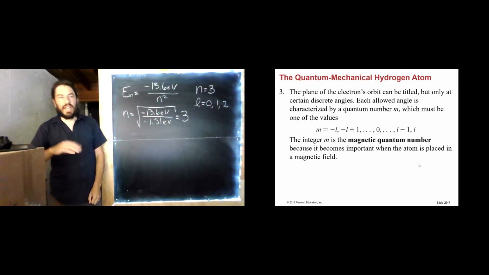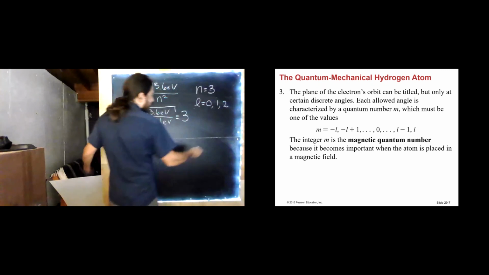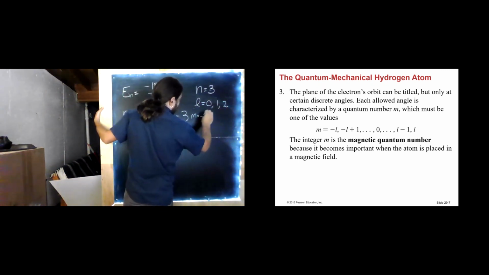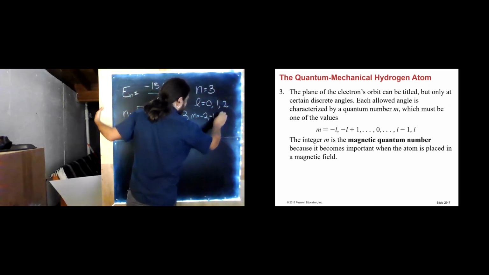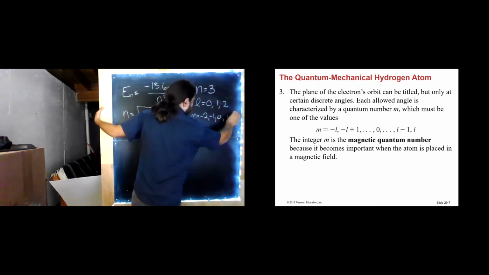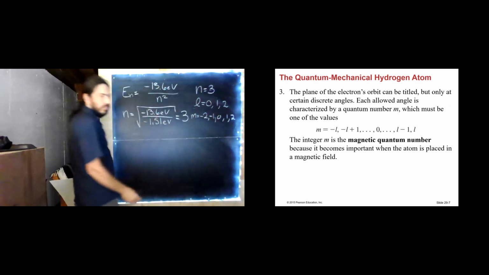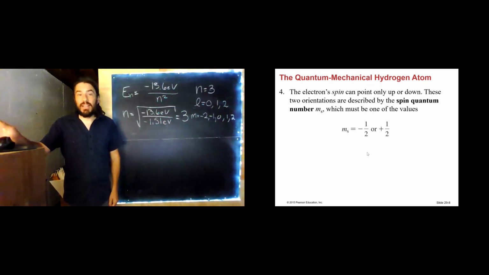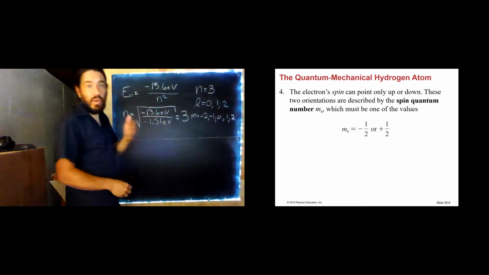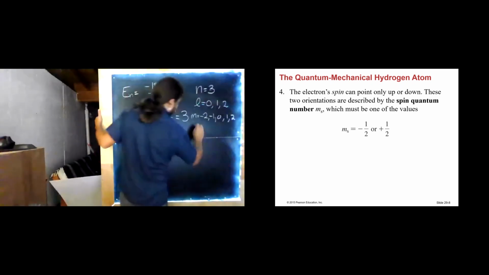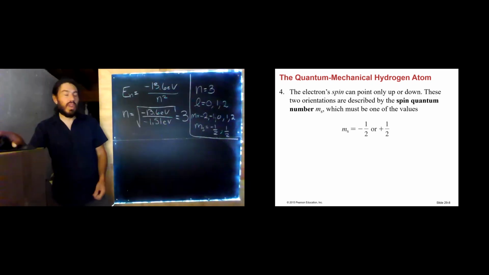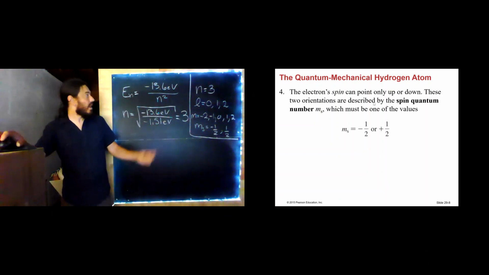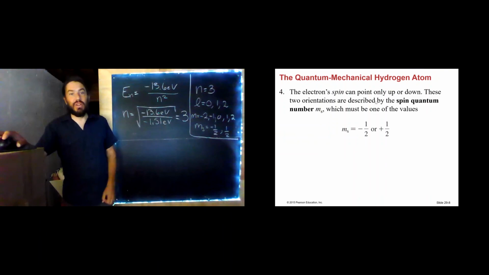Well, m goes from negative L to L. So that means that m can be negative 2, negative 1, 0, 1, or 2. m sub s can either be negative 1/2 or 1/2. Those are all of the allowed quantum numbers for a hydrogen atom that has negative 1.51 electron volts of energy.